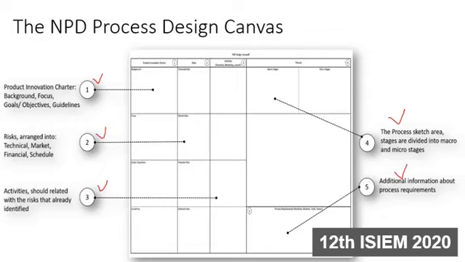The working sequence starts with the identification of project scope stated in the product innovation list. The next step is the identification of uncertainty and risk and the identification of necessary activities to address those risks. The activities are then arranged into a complete process and described in graphical form or in sketch.